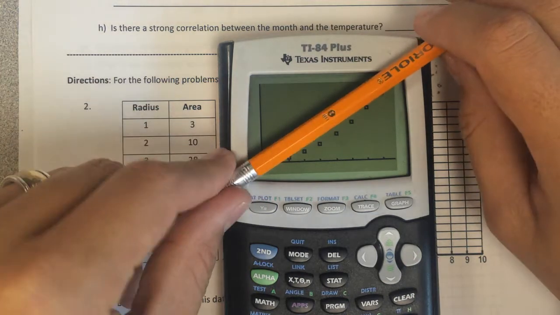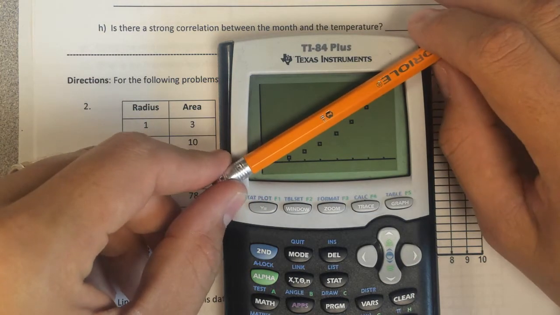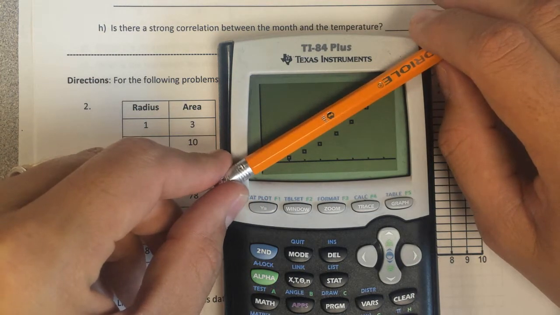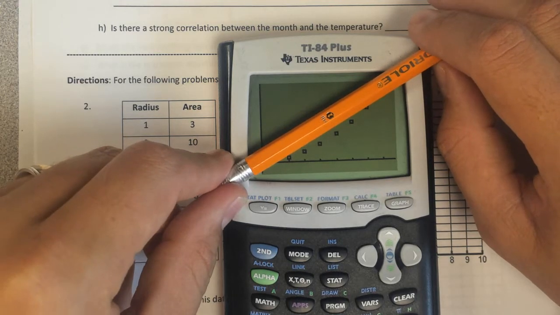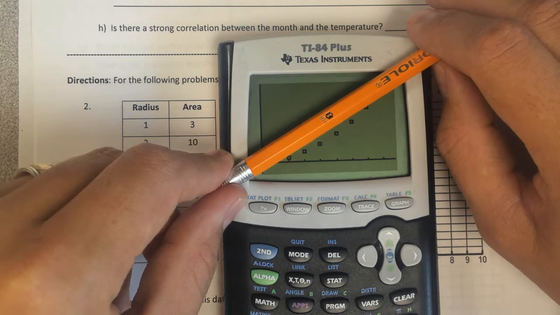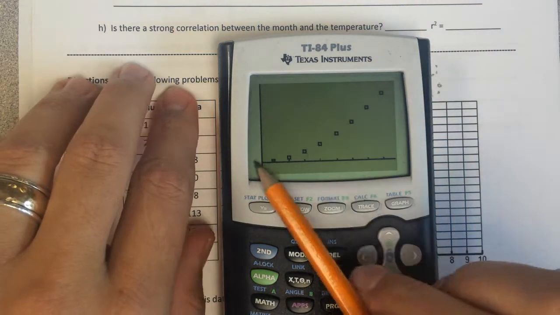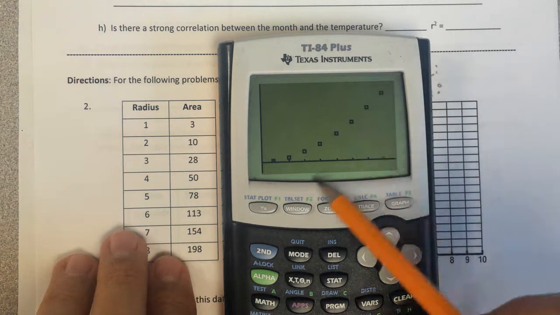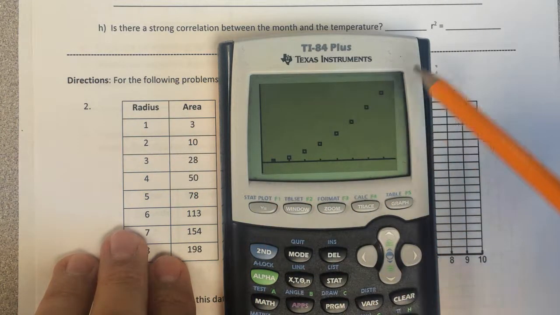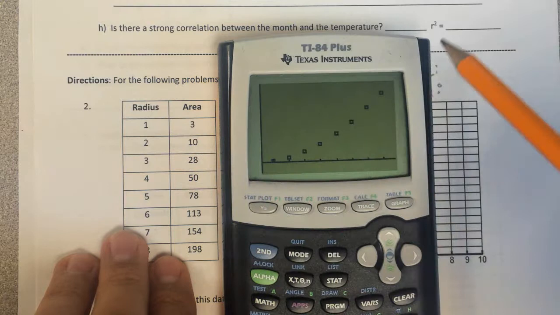The other thing I do want you to notice is it's also pretty linear. So there is going to be some sort of linear correlation. It just may not be the best. But we can definitely tell that this is going to be a U-shaped parabola. You have to think though, it's over here, it spreads out. We're seeing half of it basically.